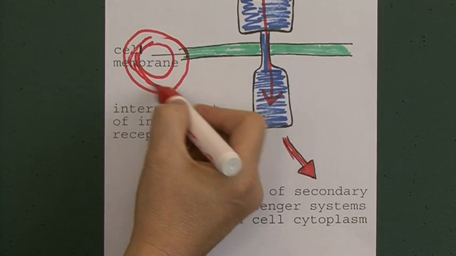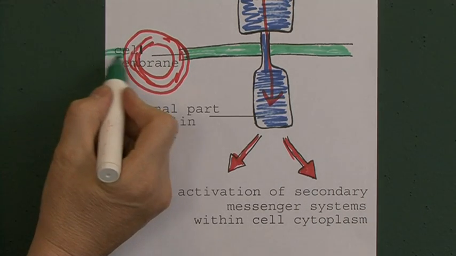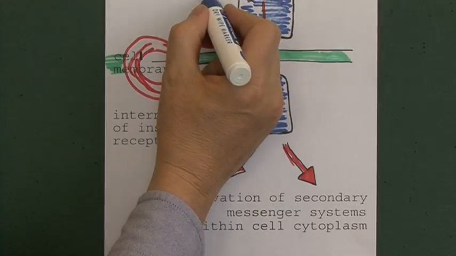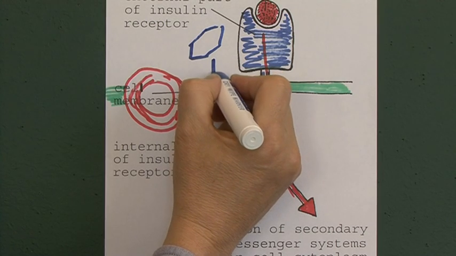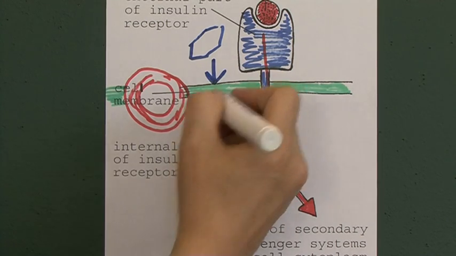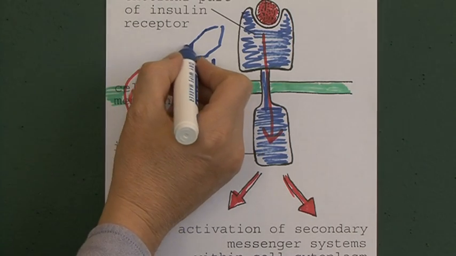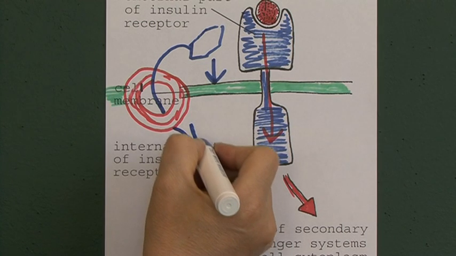They will sit in the surface of the cell membrane, and that will allow the glucose into the cell, because remember, the glucose molecules are water soluble and cannot diffuse into the fatty cell membrane. They can only get into the cell through the glucose transporter molecules.